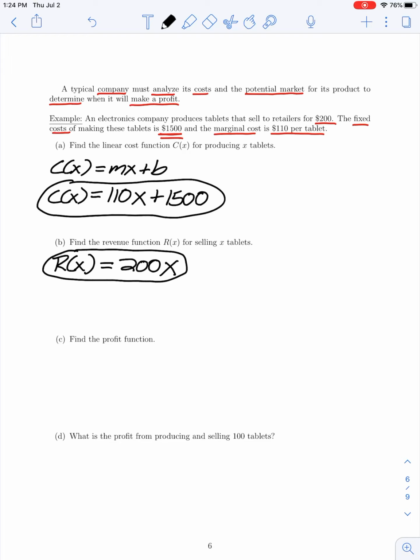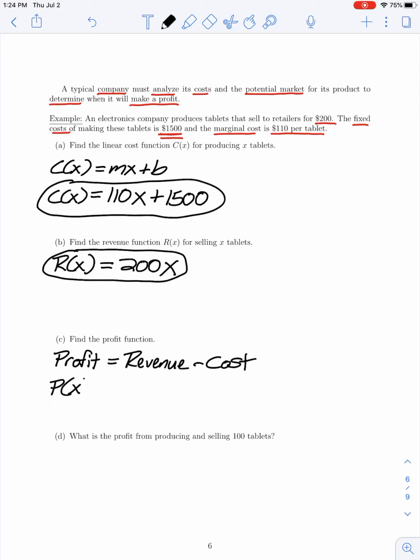Now in part C, we're asked to find the profit function. Recall that profit is given by revenue minus cost: how much money we have coming in, our revenue, minus how much money we're spending, which is our total cost.